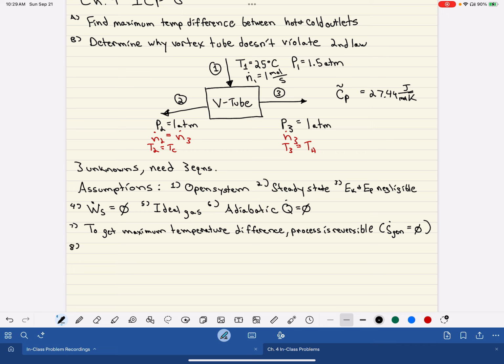Other things to state, specifically for this problem: hot and cold streams have the same molar flow rates.